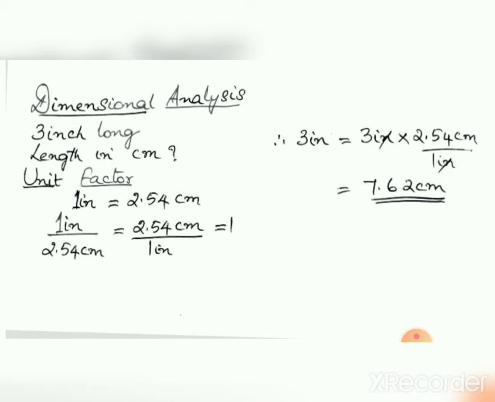It should be 2.54 centimeter by 1 inch. Then only the inch and inch will get cancelled. So when you multiply 3 inch by the unit factor 2.54 centimeter by 1 inch, inch and inch will get cancelled and you will get the answer as 7.62 centimeter.